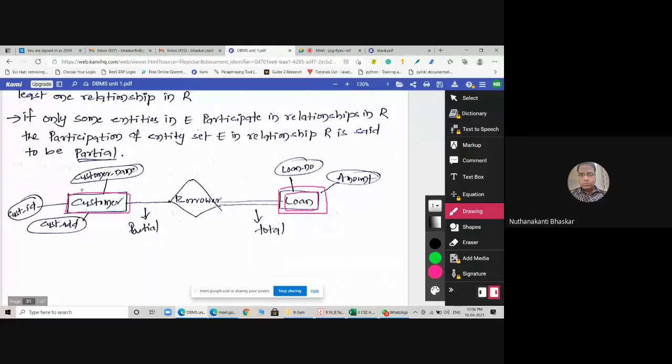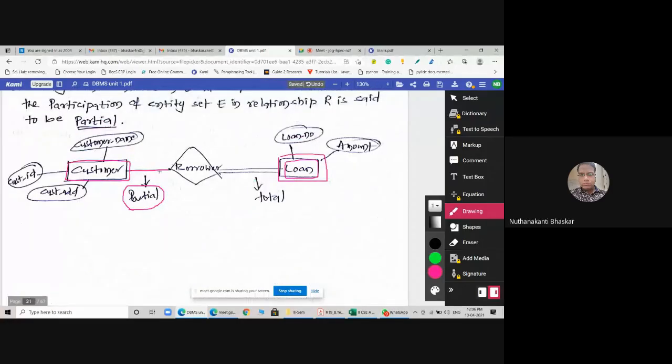Here, I told you, when we take any bank, we have all our customers, but only some of the customers are going to borrow the loan, not all the customers. Only some of the customers will take the loan from the bank. So this is a partial participation constraint.